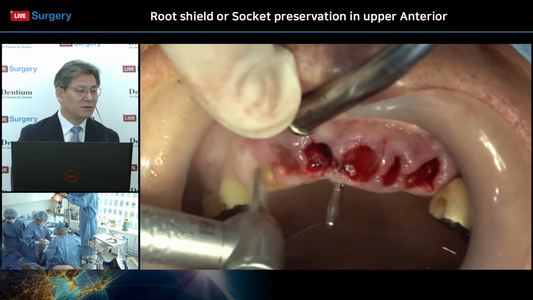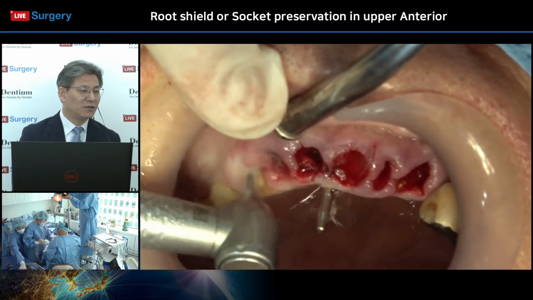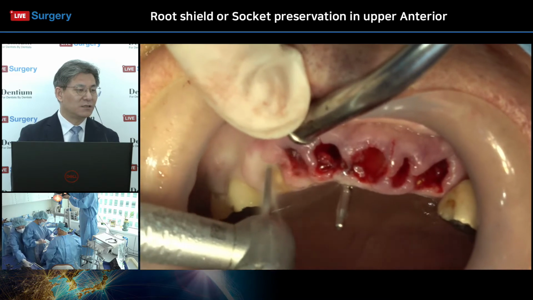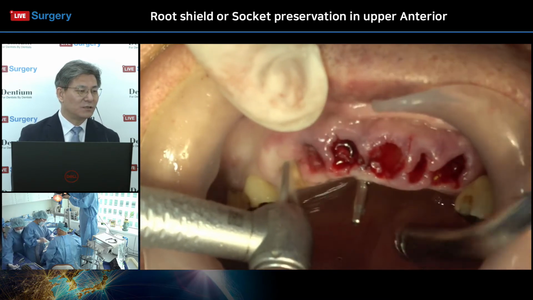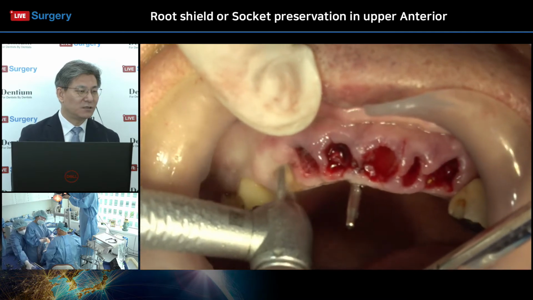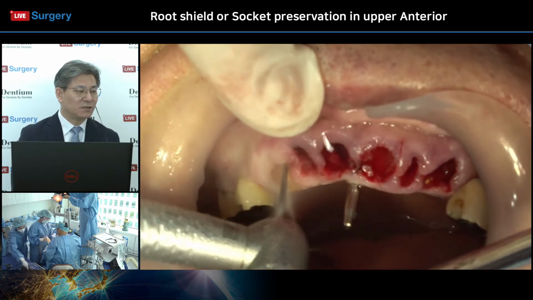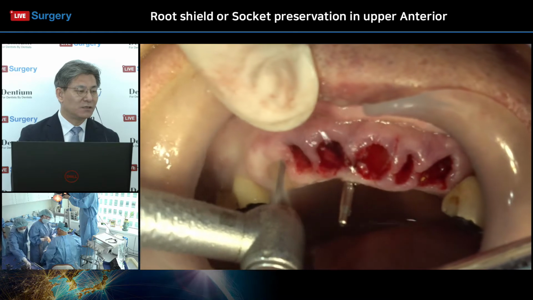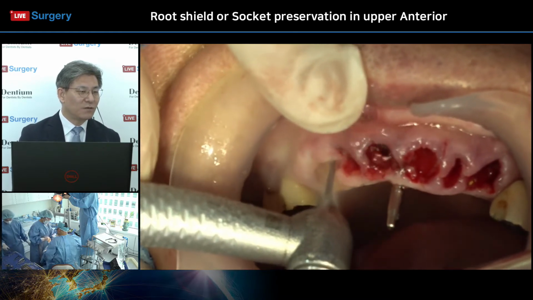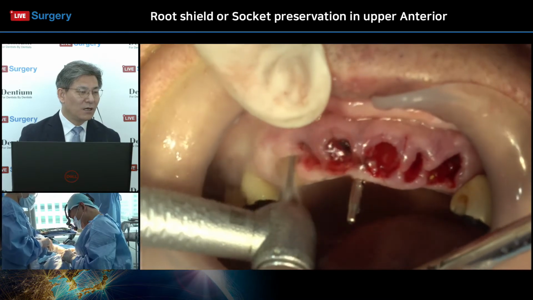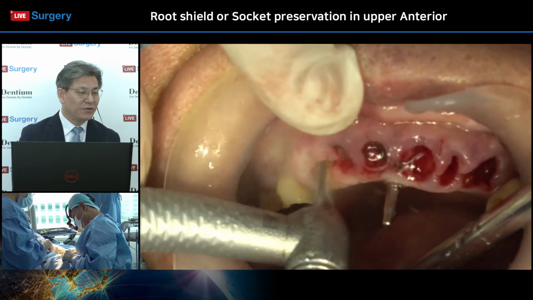So he used a Fisher bar to make a channel. But this Fisher bar moved only into the tooth area.